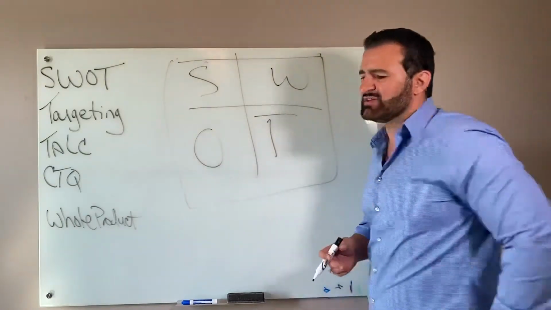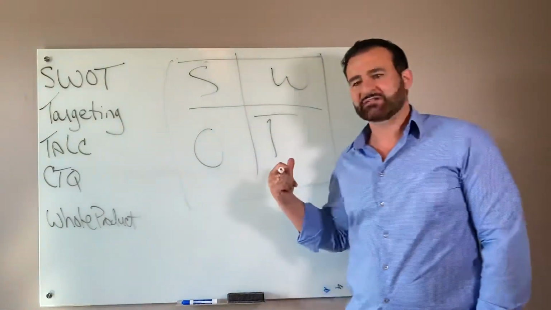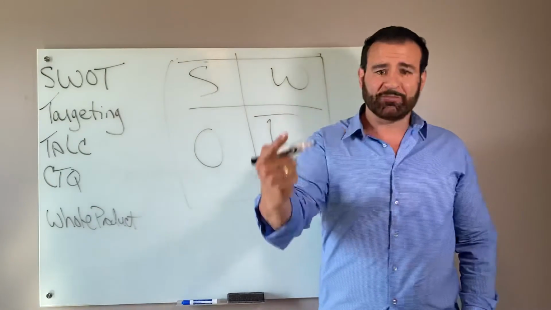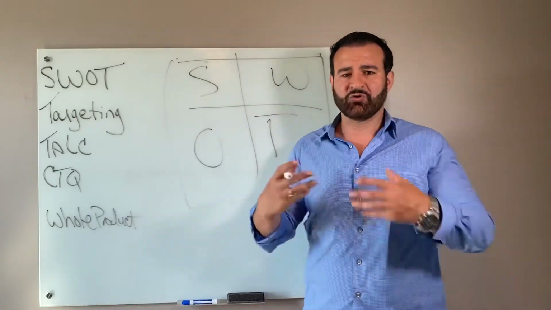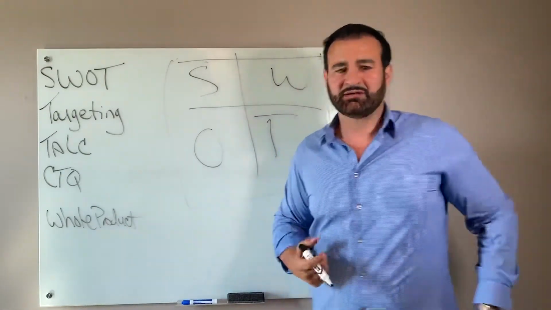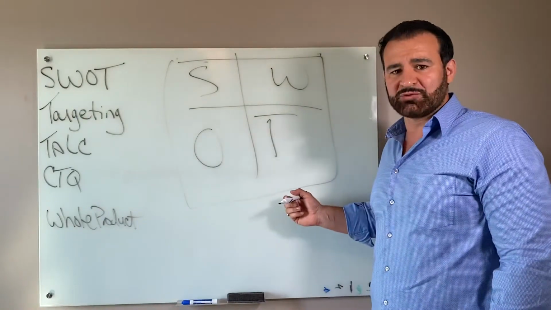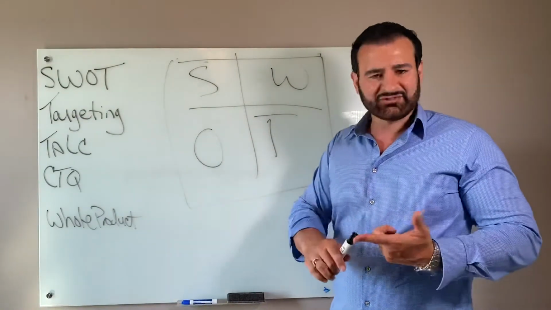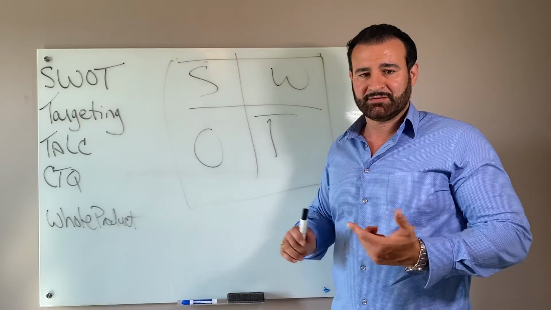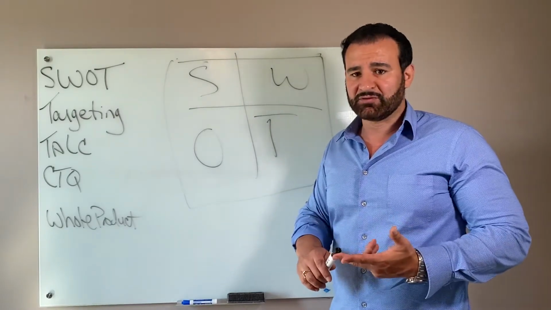So what opportunities do you have? And what are some threats? Well, you can open up a restaurant. You can open up a gourmet Italian restaurant. But then some of your threats would be, can you actually get the financing? Can you actually get approved for the loan?